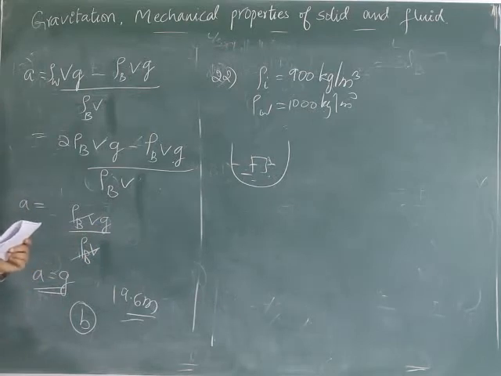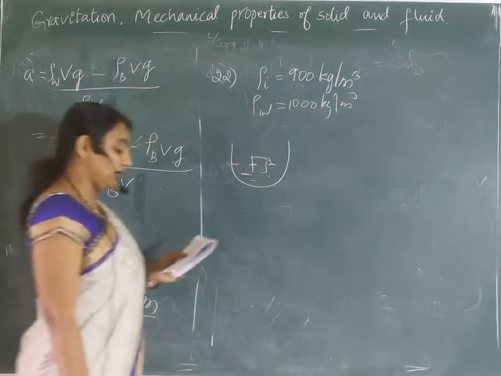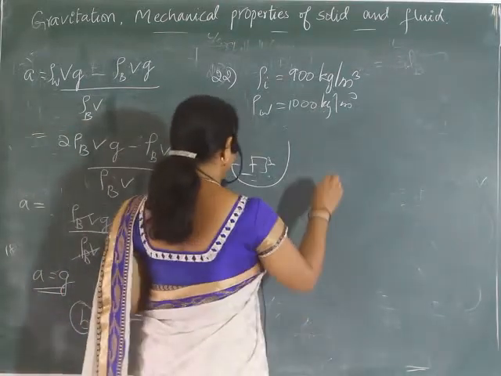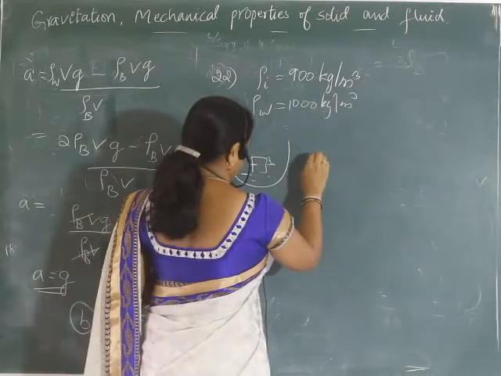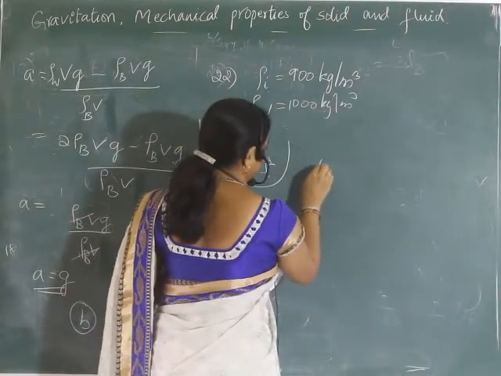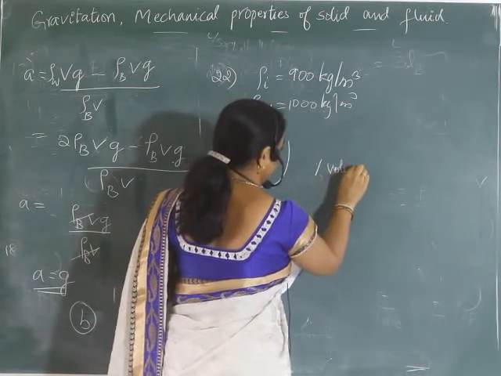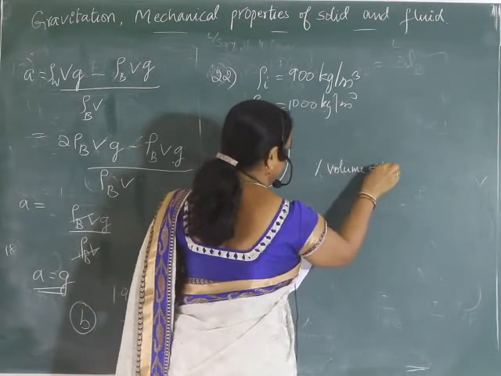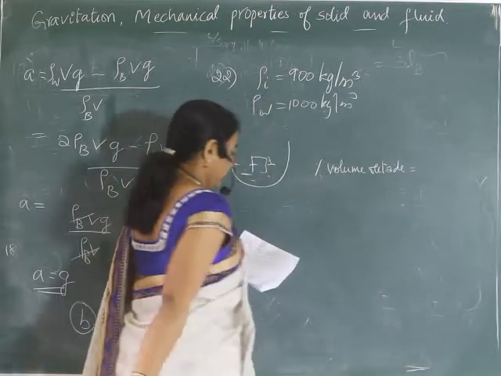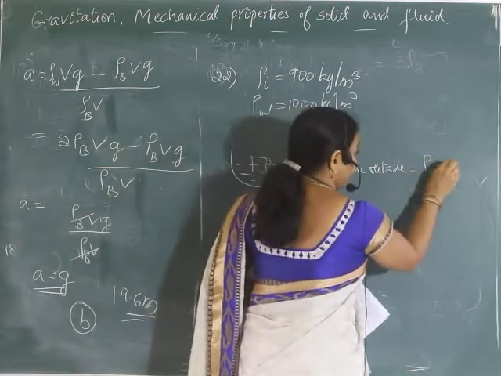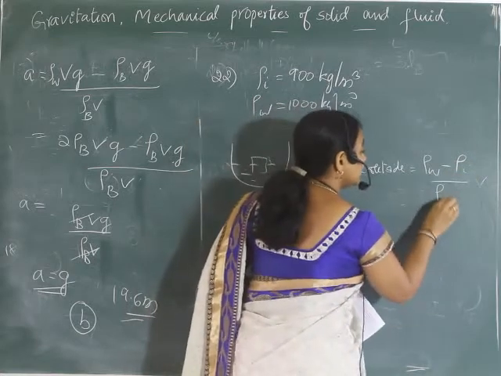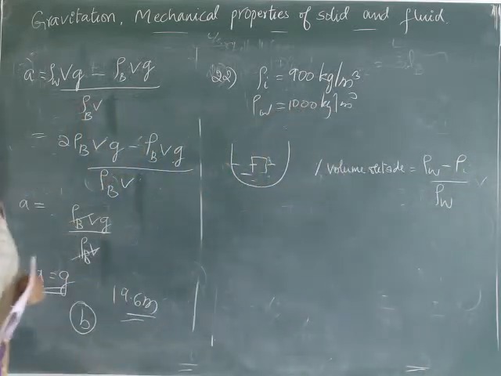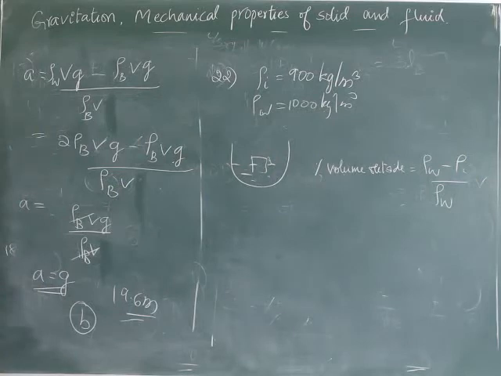How can we calculate? Percentage of volume of ice outside is equal to density of water minus density of ice, divided by density of water, as a fraction.